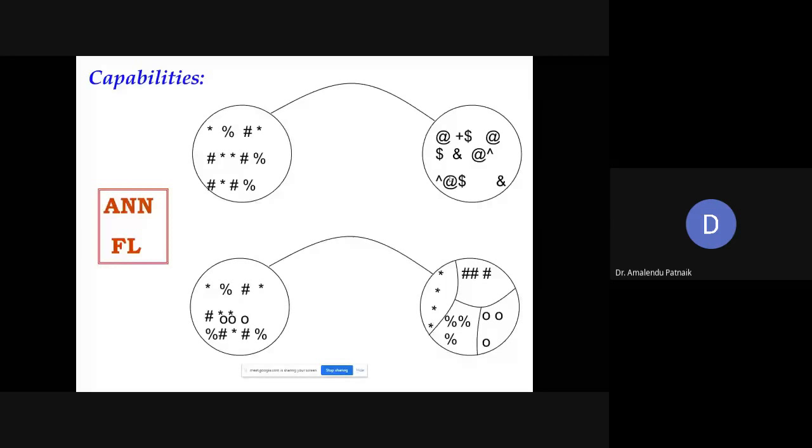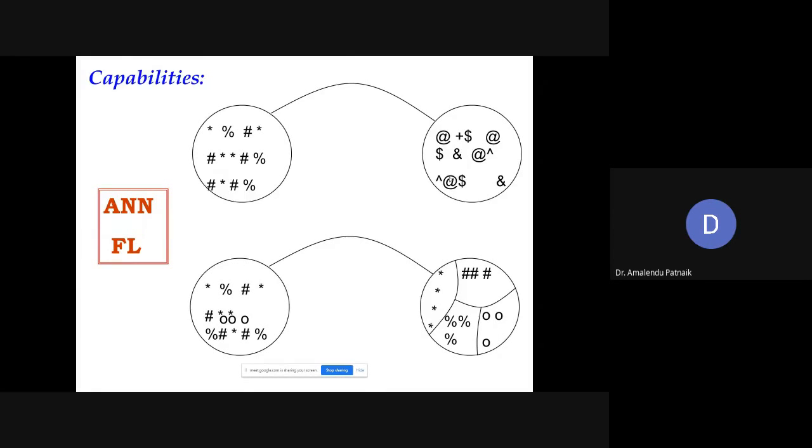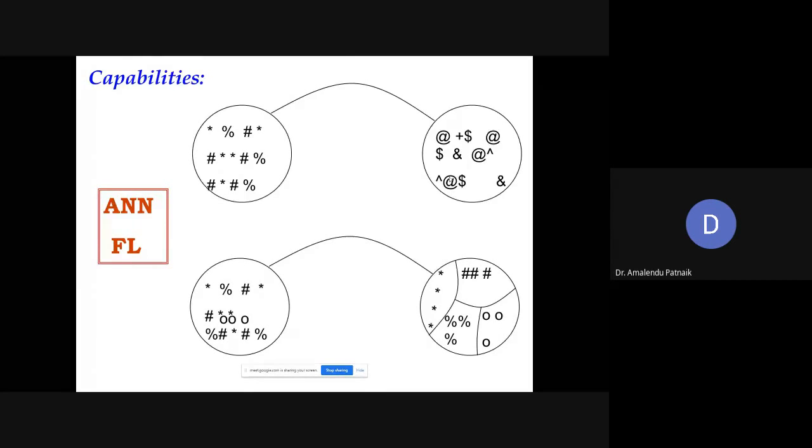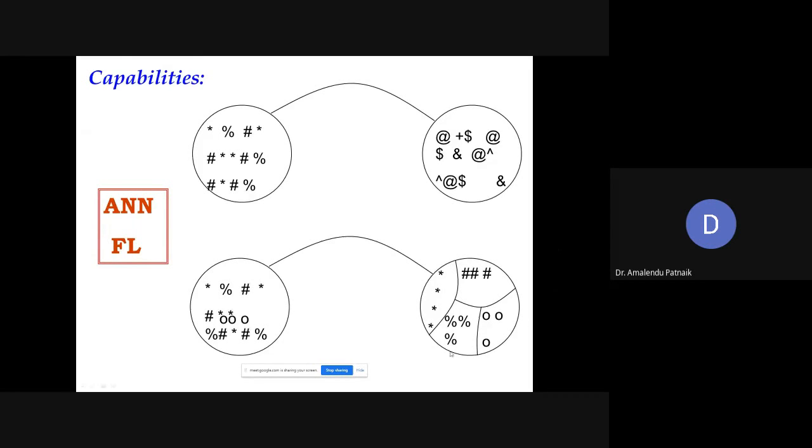Another kind is, suppose you have a bunch of data, but you don't have an idea what kind of data you are having. Then these meta-heuristics can be used to classify that data set. So if you use these techniques, they can tell you that I have some data of this type, some other data of this type, and so on and so forth.